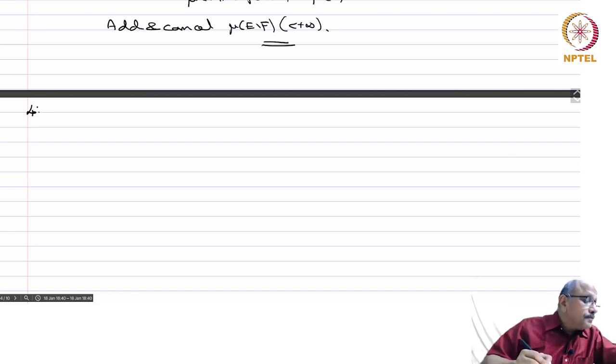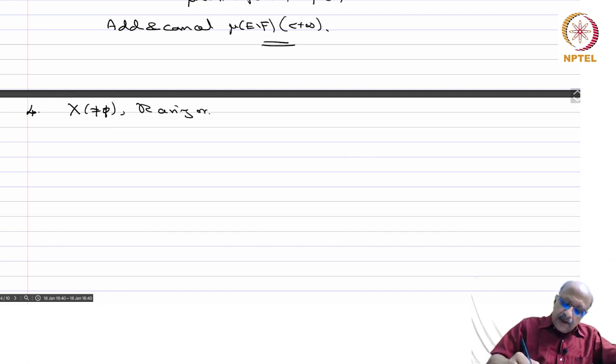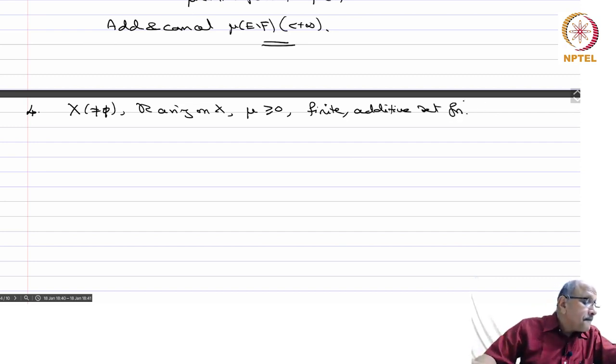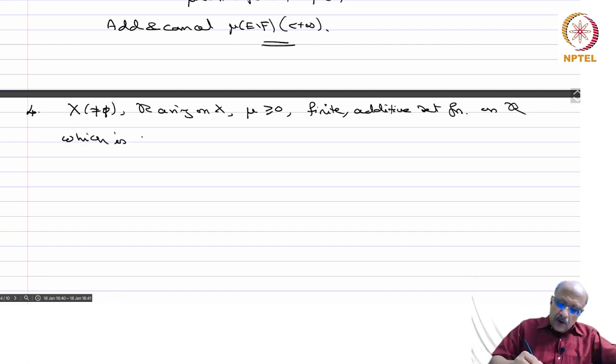For X a non-empty set, R a ring on X, and mu greater than or equal to 0, finite additive set function on R, which is continuous from below at every E in R. What does this mean?